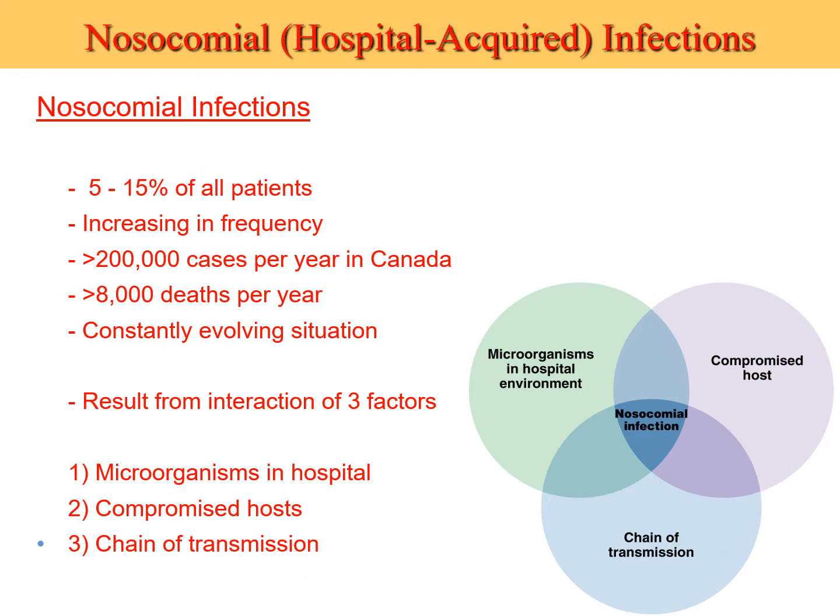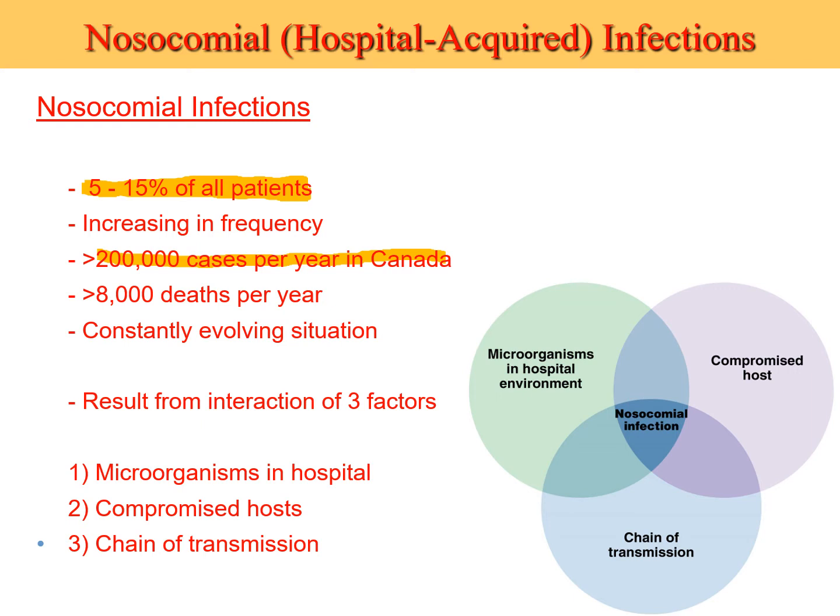About 5 to 15% of all patients in care facilities or hospitals, in fact, do pick up nosocomial infections. It's a big problem and increasing in numbers. There's more than 200,000 cases per year in Canada, and more than 8,000 deaths occur due to that.